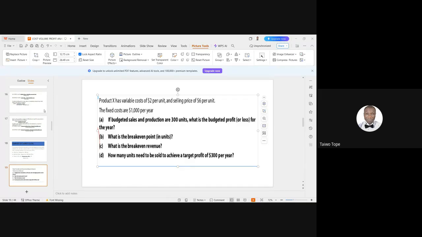So the next one, somebody said the break-even revenue is 1.5. Who is in agreement with that? Yes, sir. So it's correct. 1.5, all right, fine.